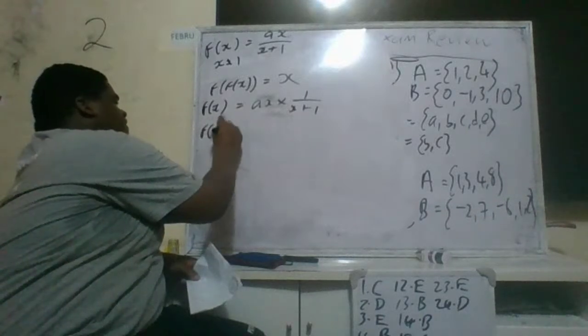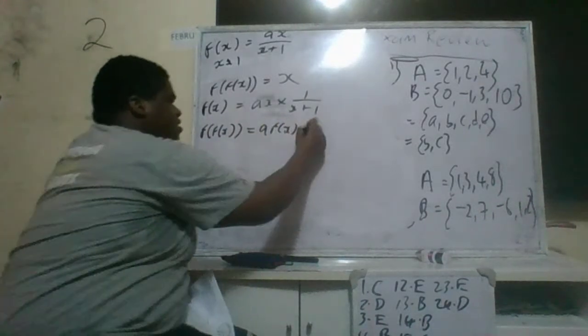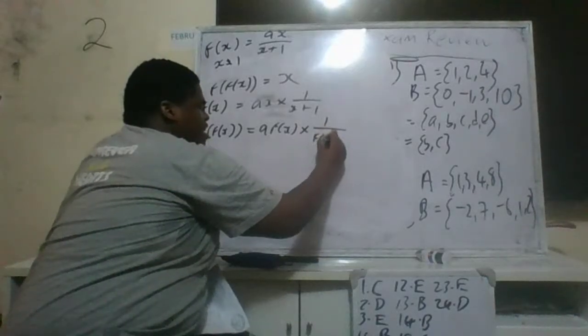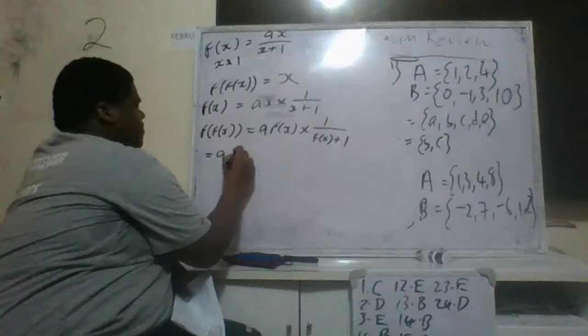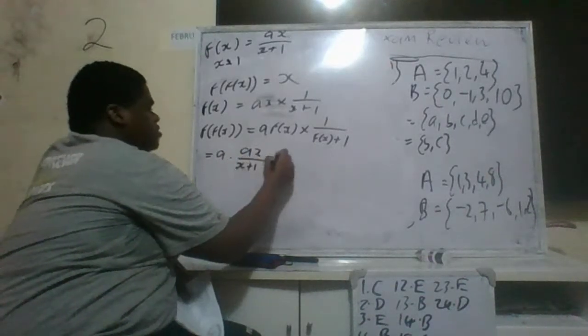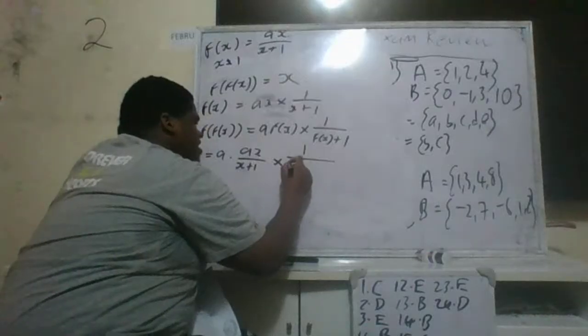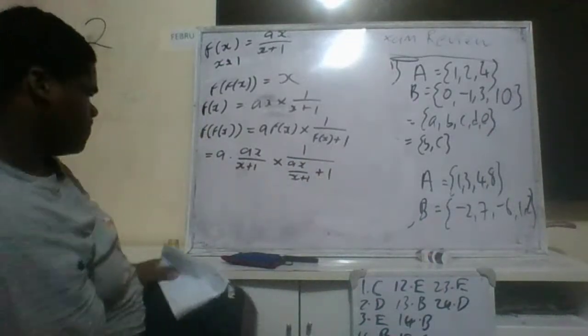That means f of f of x would equal a f of x times 1 over f of x plus 1. This will be equal to a times ax divided by x plus 1 times 1 divided by ax divided by x plus 1 plus 1.